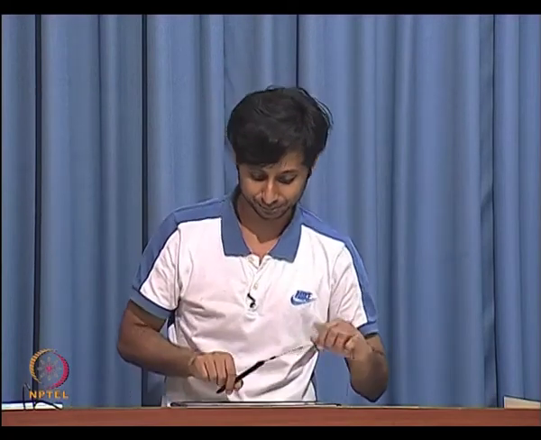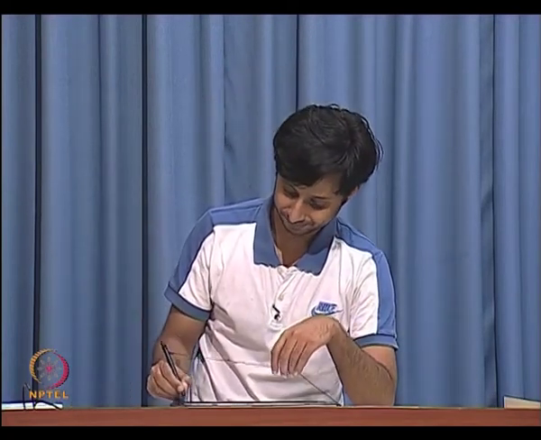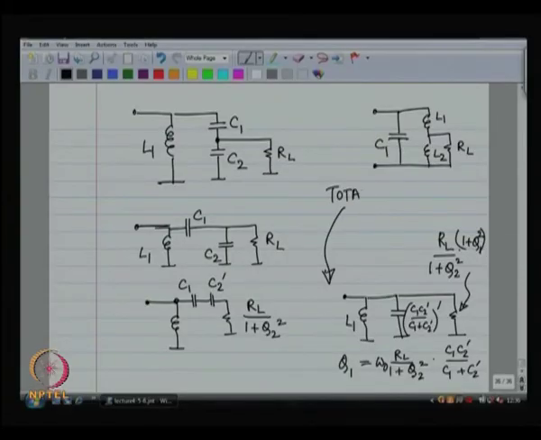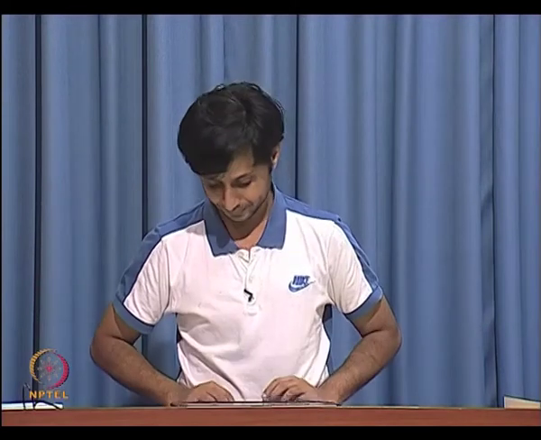So, the question for you is, what is the total Q of this network? You need to figure this out by yourself. Once you figure out the total Q, then you can figure out whether the Q is going to increase or decrease and how you can play with it.